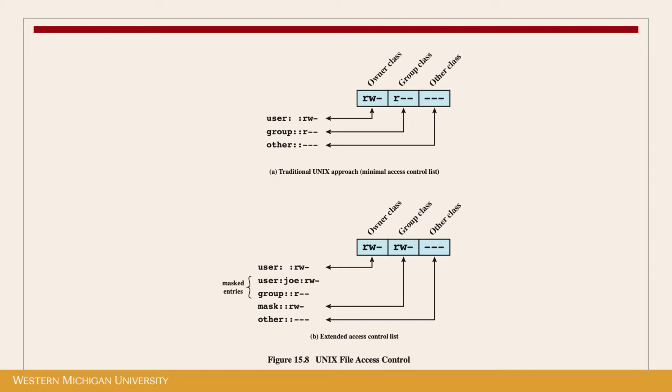In the example up at the top here, the owner can read or write a file. Right? The user who actually owns the thing can read or write to the file. Someone else in the same group can only read it, though. And everyone else can't do anything. Nobody else can even see that this thing's out there. So that's a traditional kind of file security, file access control, that you're going to see in Unix.